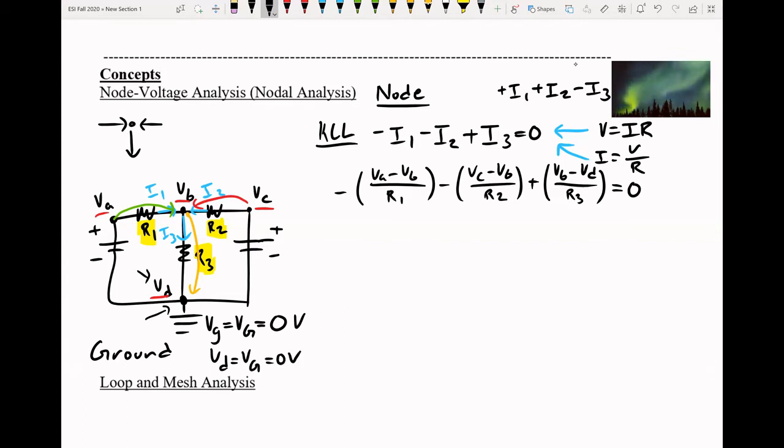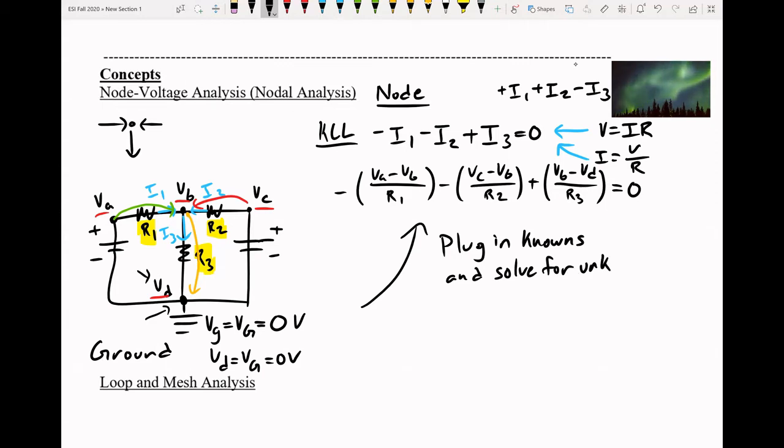Okay? And all we have to do is plug in known values into our equation. So we'll plug in knowns, and we're going to solve for our unknowns. Okay, and we're going to see what an example of this problem looks like in just a bit.